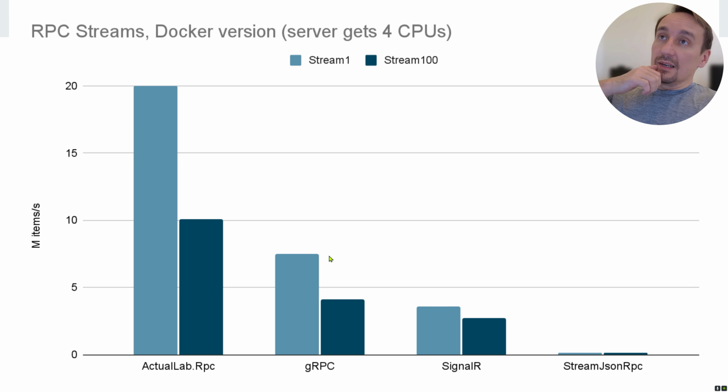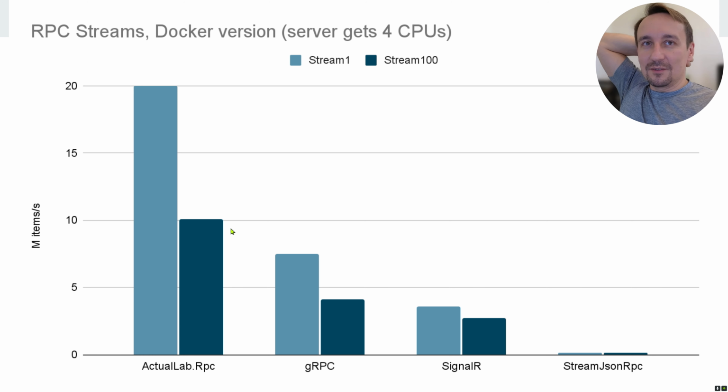As for streams, the difference is even bigger. I think it's 3x faster than gRPC on streams with small items.